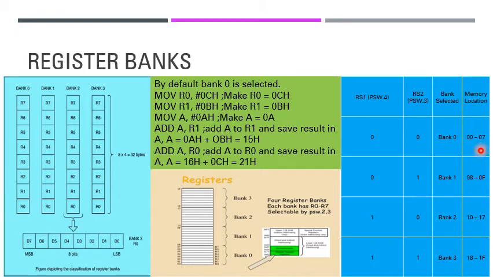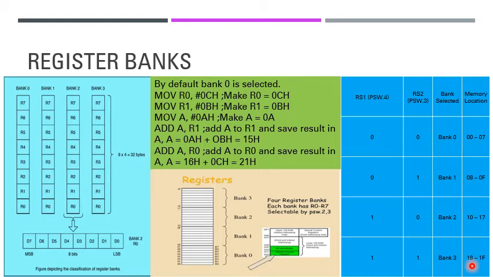If they are 01, then bank 1 is selected and the memory location is 08 to 0F. If they are 10, then bank 2 is selected and the memory location is 10 to 17. If both are 11, bank 3 is selected and its memory location is 18 to 1F.